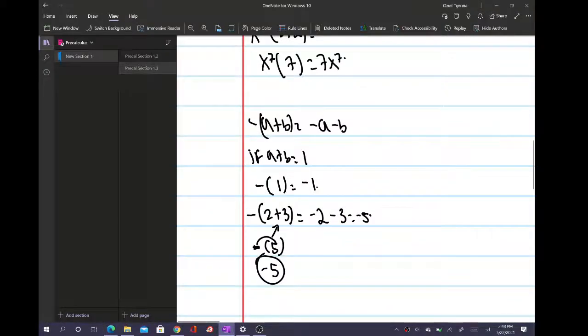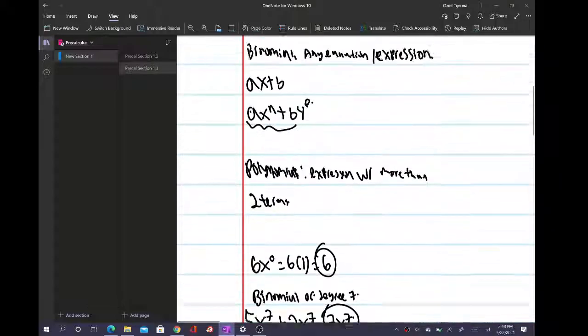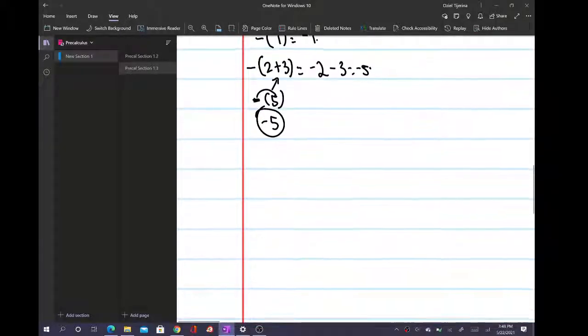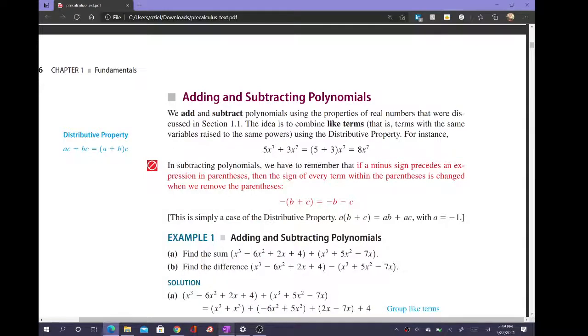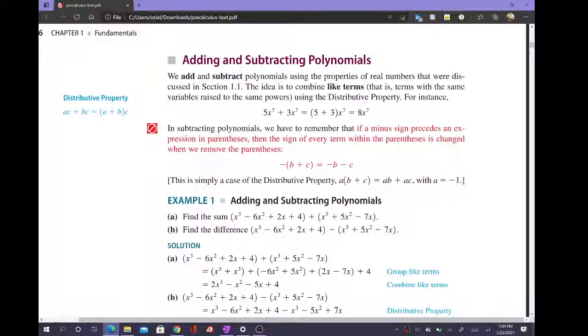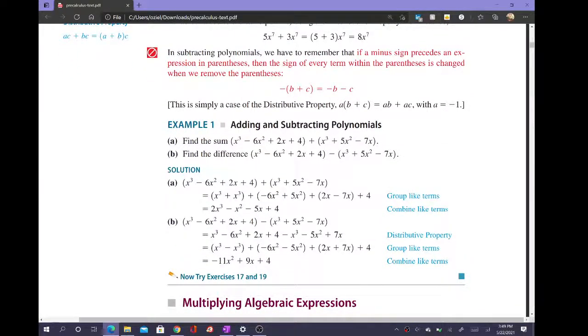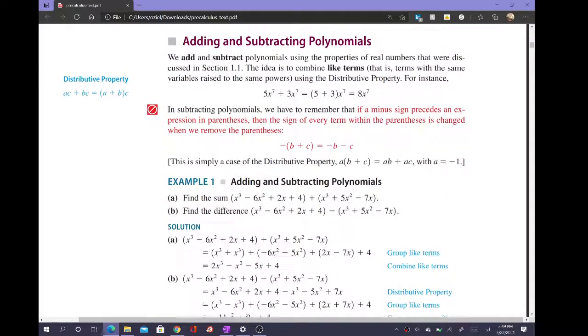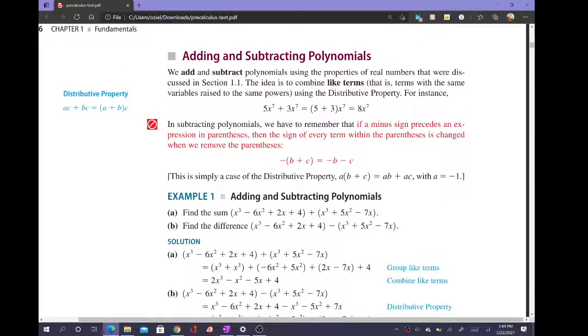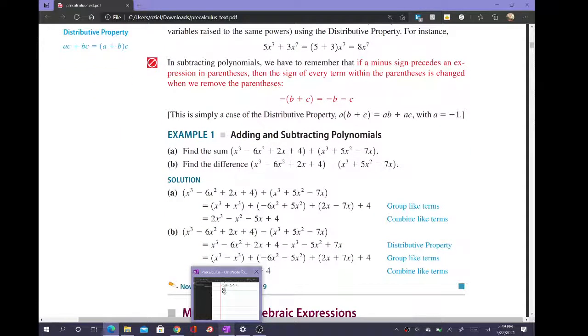We have to know how to add and subtract polynomials. That's just how things are. You do this a lot in calculus, you do this a lot in trig as well. It's just one of those basic things, like having to solve a linear equation. You have to know how to add and subtract polynomials.